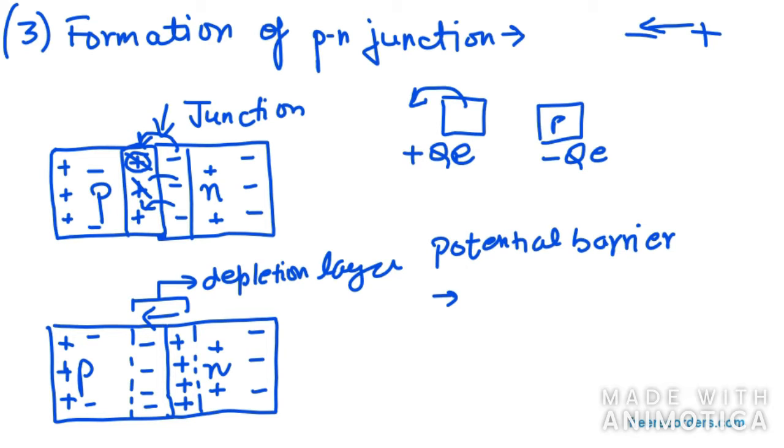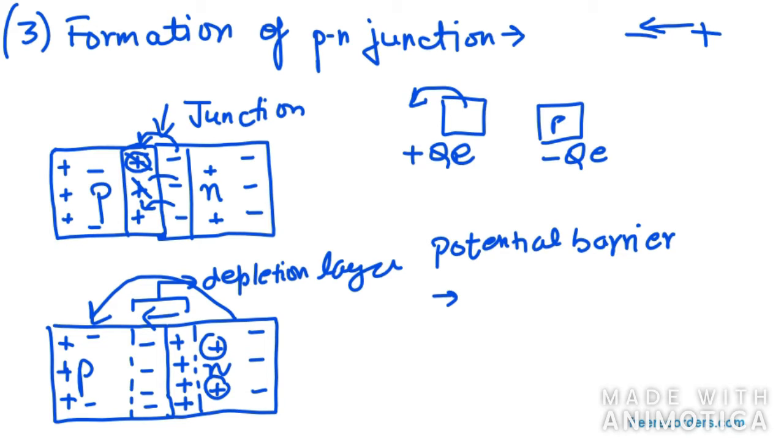Now, as you can see, we have some electric field between this junction, or in the depletion layer. So these positive charges or these negative charges won't be able to diffuse to the other region, that is to the p-type, because now we have an electric field between them.